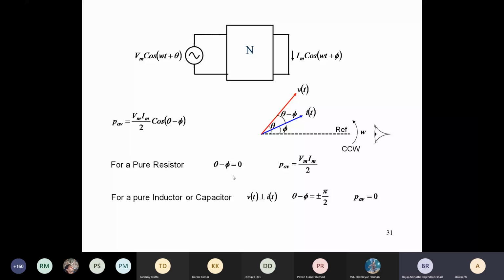But sir, in a pure inductor or capacitor, when there is resonance, there will be no resistance. So what will be that case? In a pure inductor or capacitor, where we are talking about a hypothetical situation where there is not any resistance at all, the angle is either plus 90 degrees or minus 90 degrees.